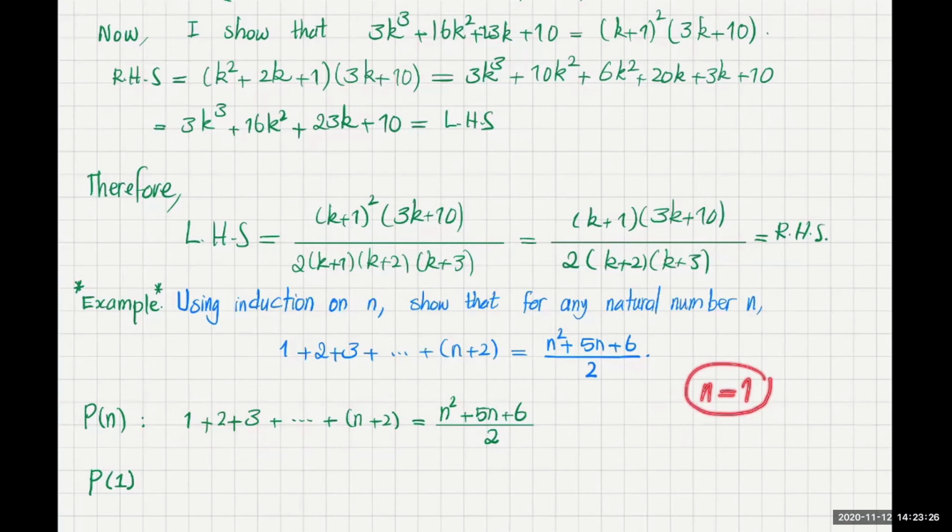It means I start from 1 and keep adding numbers until I reach this level n plus 2. But n plus 2 would be 3 in this case, so P1 is this statement. So this is P1, and now tell me, is P1 true or false?